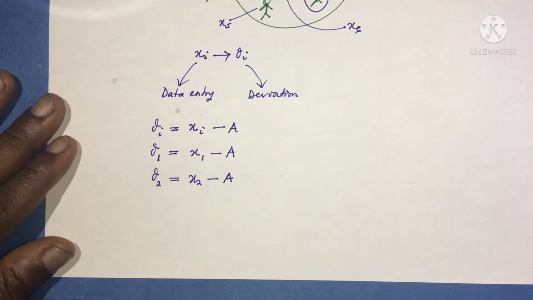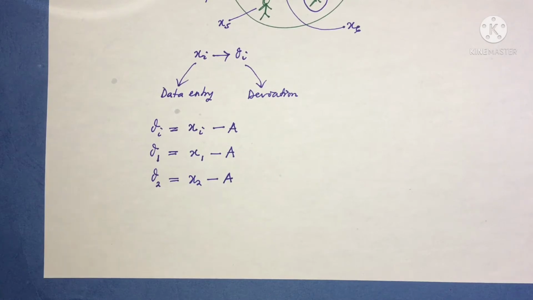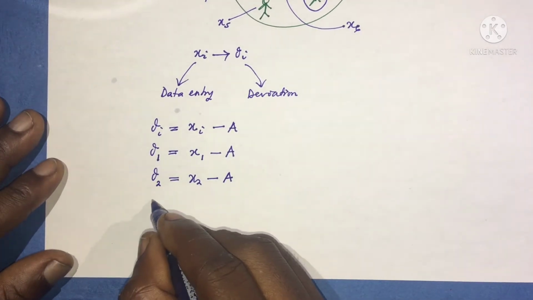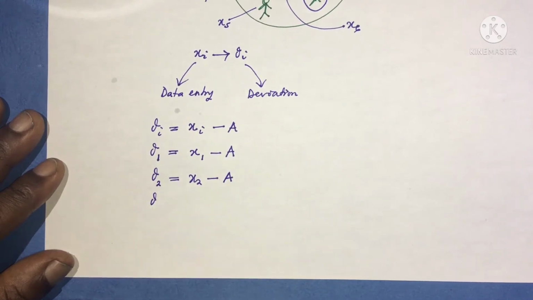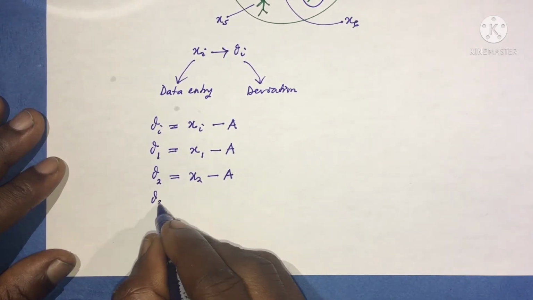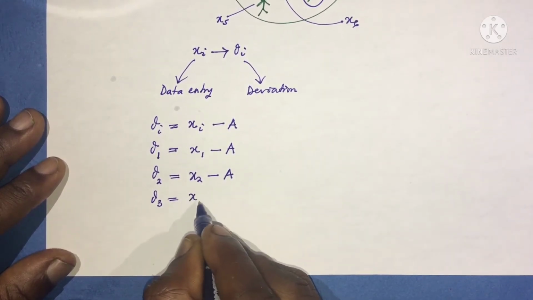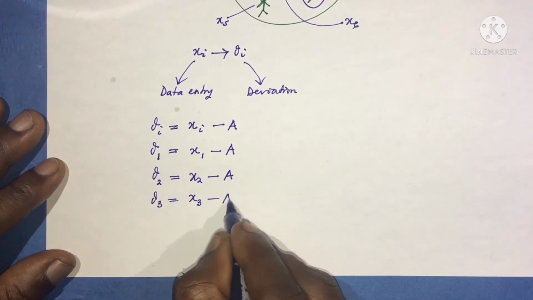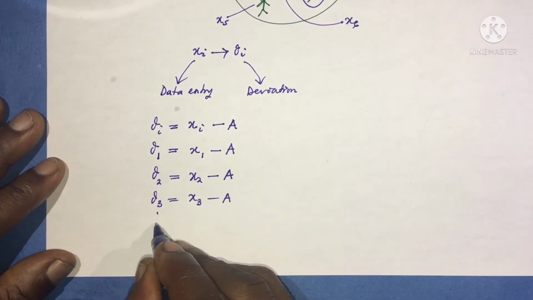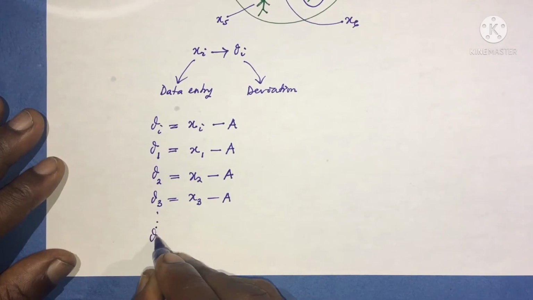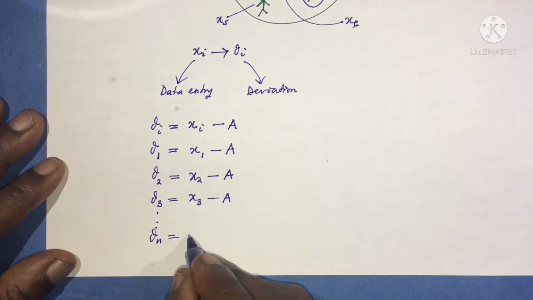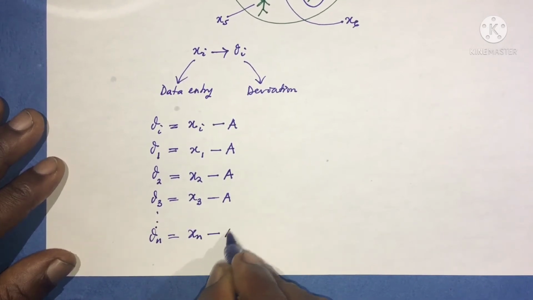So there are gaps. Misunderstanding gaps, rancor gaps, quarreling gaps, not understanding the class rep gaps. So there are different gaps. Okay? Now, we are using d's to represent the gaps. So for d3, there will be a corresponding x3 minus a gap. And that will continue, if you had up to n data entries, you have xn minus a.